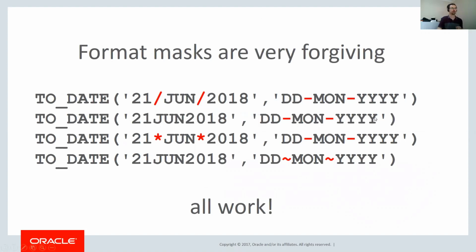You can see here we've got a bunch of strings we're trying to convert to dates, but none of them quite match the actual format. Some of them have slashes rather than hyphens, or tildes or stars and so on. All of these will successfully convert this string to a date, which can be a bit surprising. Most of the time this is kind of handy, but it can lead to unexpected behavior sometimes.